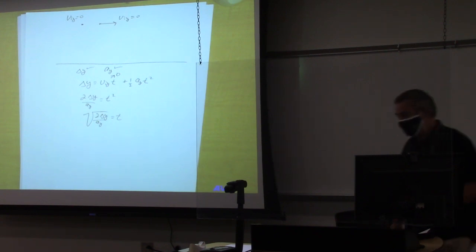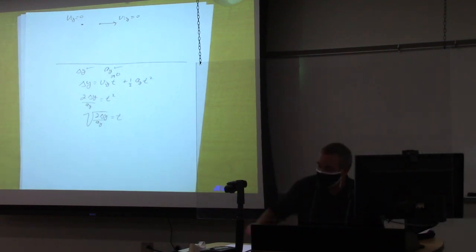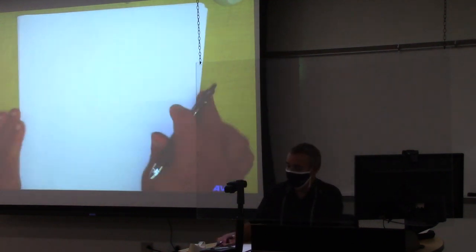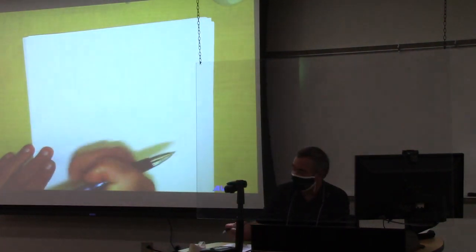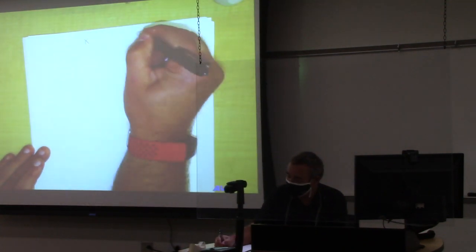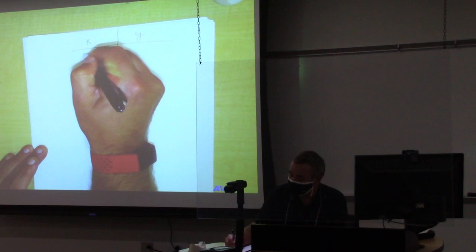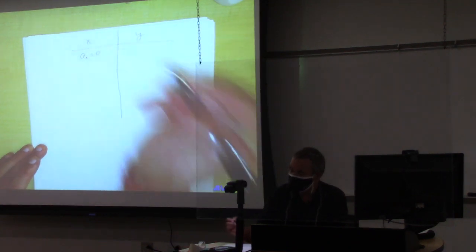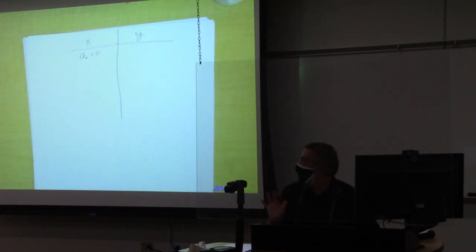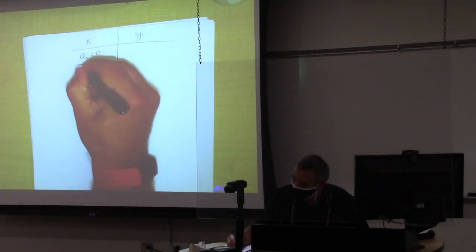So let me just give you a little synopsis of projectile motion. I'm going to break it down x direction versus y direction. In the x direction, the acceleration is 0. The only thing that we have to work with in the x direction is this.